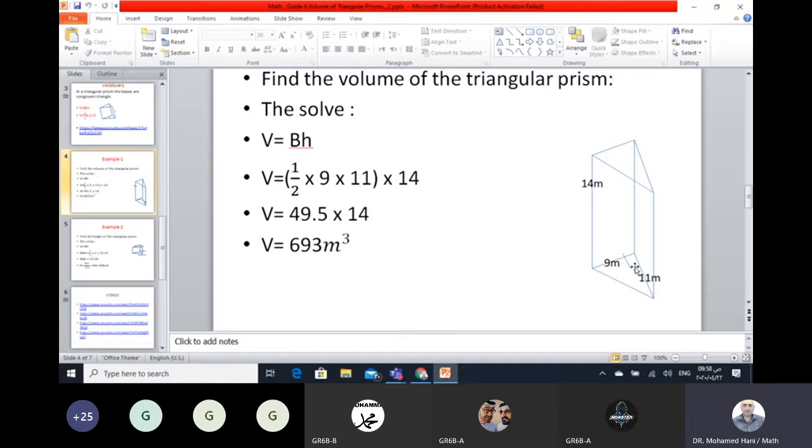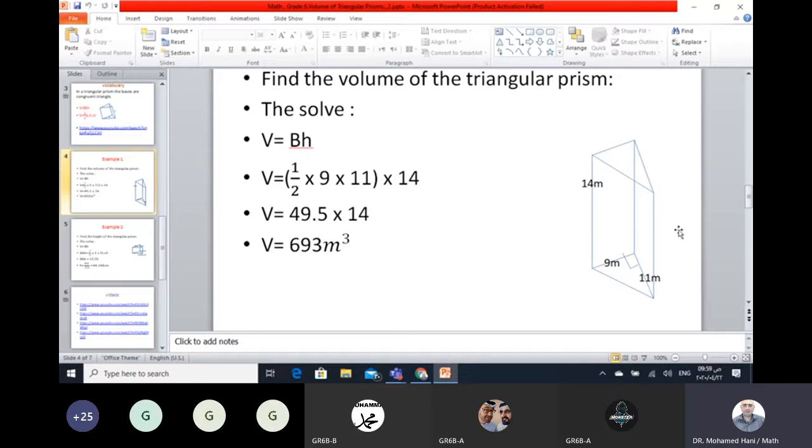Listen, here is perpendicular between the two sides. So the big one here is the height, and the small one is the base. The symbol of the area of this triangle is B, capital letter. So B capital letter means the area of the triangle.